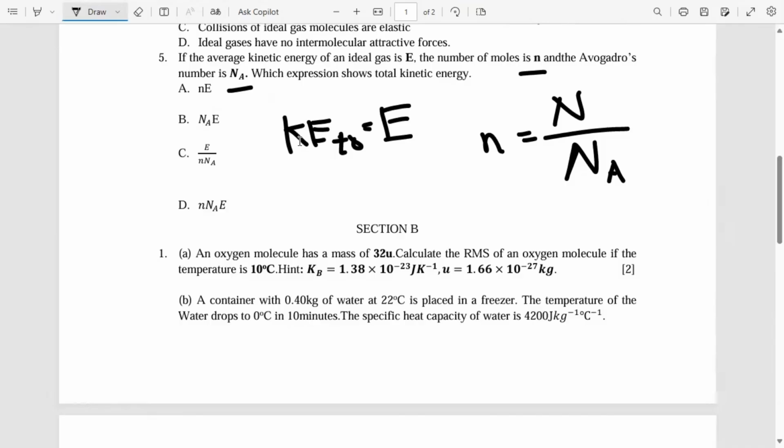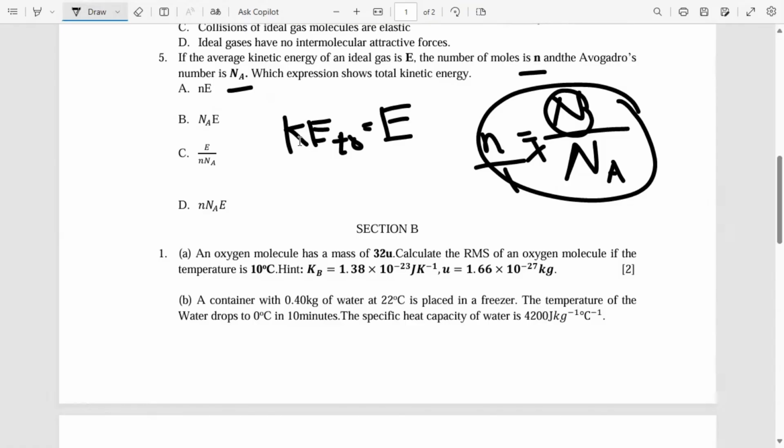How do we calculate the total number of molecules given the number of moles and the Avogadro's constant? We are just going to manipulate this formula. We're trying to find the total number of molecules, so we cross multiply. That means the total number of molecules will be equal to the number of moles multiplied by the Avogadro's constant.